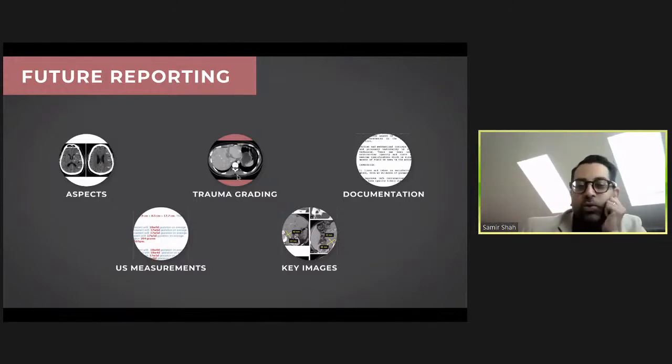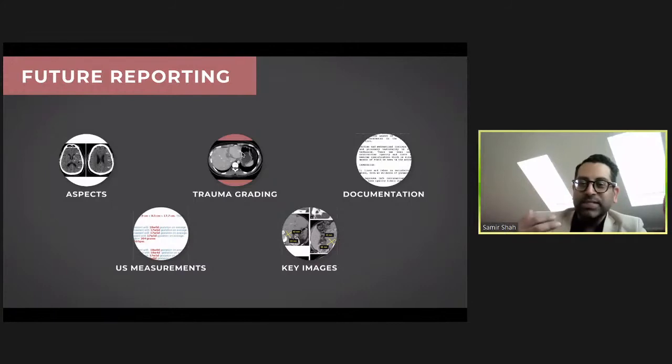So the same goes along with trauma grading. The trauma surgeons, especially in the US, need a grade for every laceration of the liver, any organ laceration. They need it to maintain their trauma certification as a level 1 trauma center, et cetera, et cetera. It's required by the American College of Surgeons, et cetera, et cetera. But we haven't been trained like that to report it.